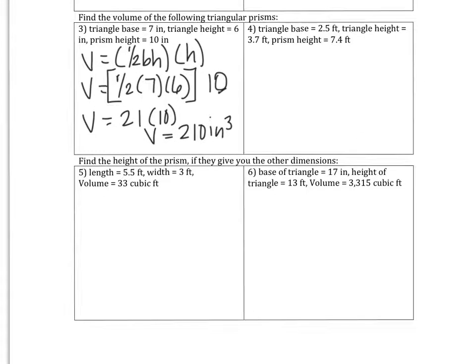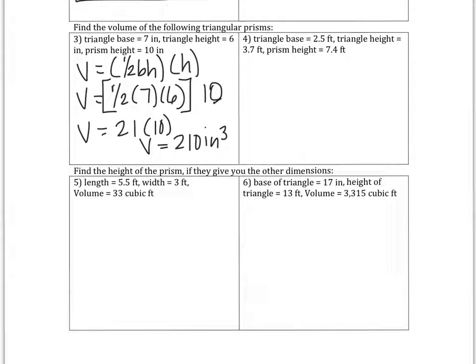Okay, let's do number 5. Number 5 is find the height of the prism if they give you other dimensions. So volume equals length times width times height. And let's see, they give us the volume, which is 33. And they give us the length, which is 5.5. They give us the width, which is 3.